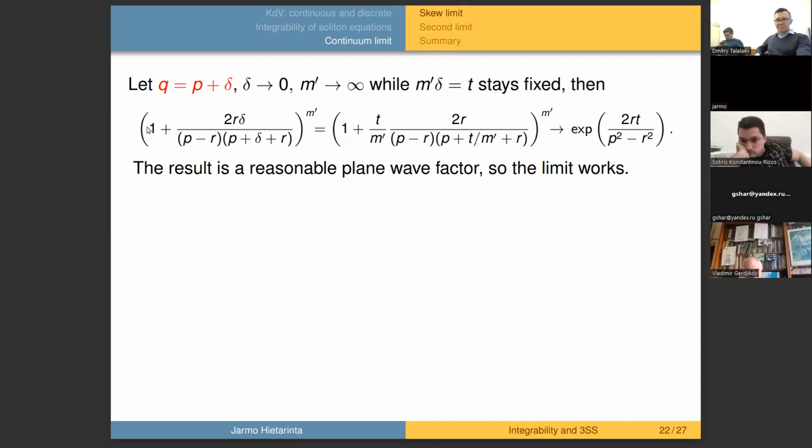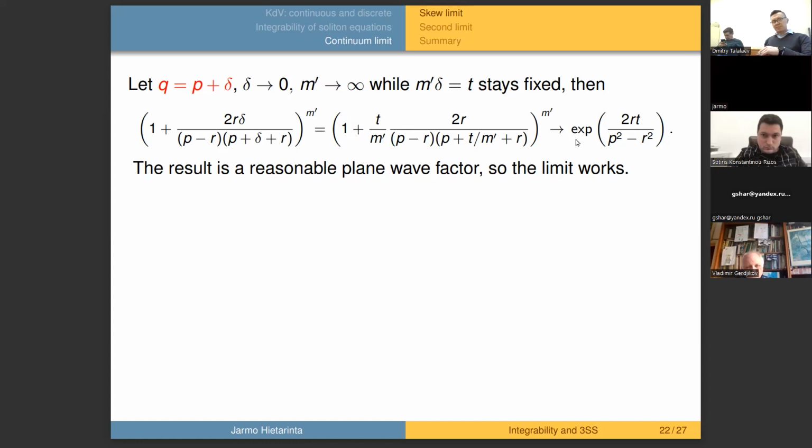Okay, so we write the previous result in terms of t, replacing the Q by this and only delta here. There's also delta here. So now delta is solved from here. It's t over m prime. Now we have m prime here and m prime there. So we take the rest of it and we can take the limit and we get this.